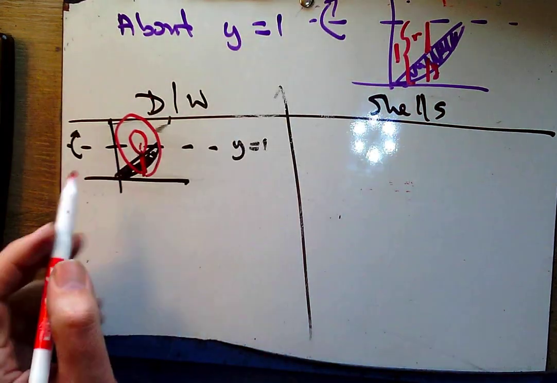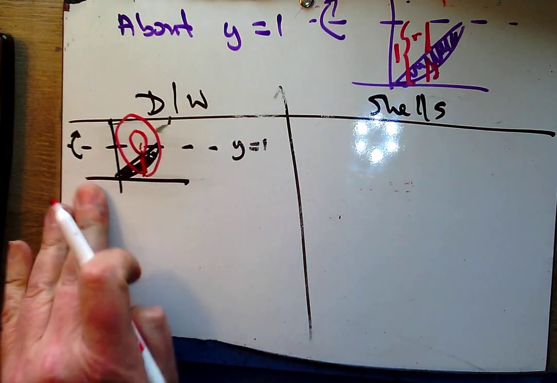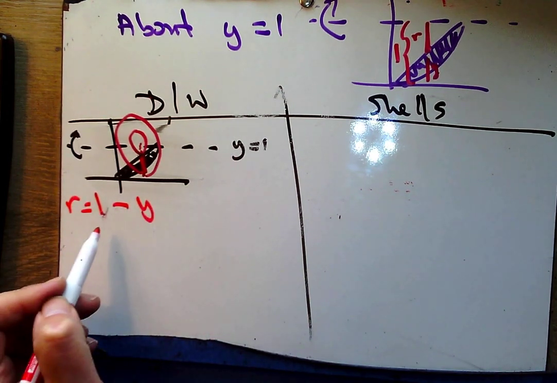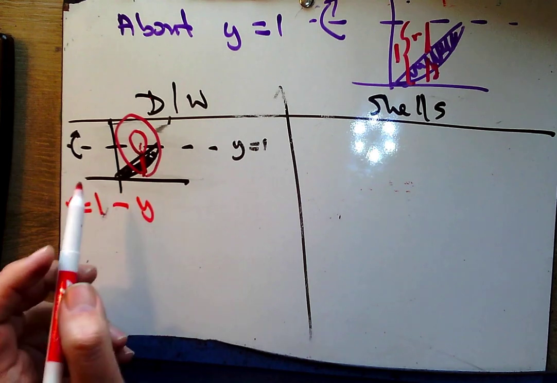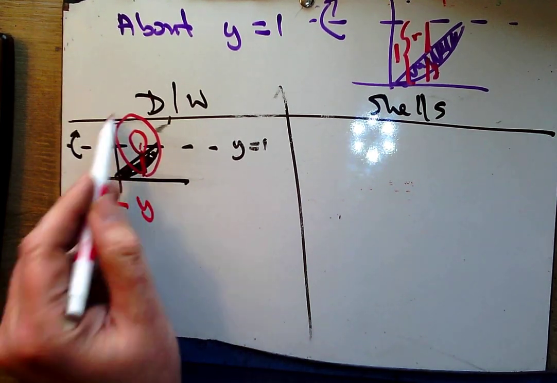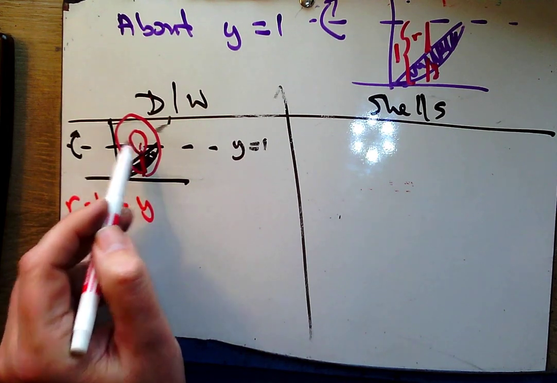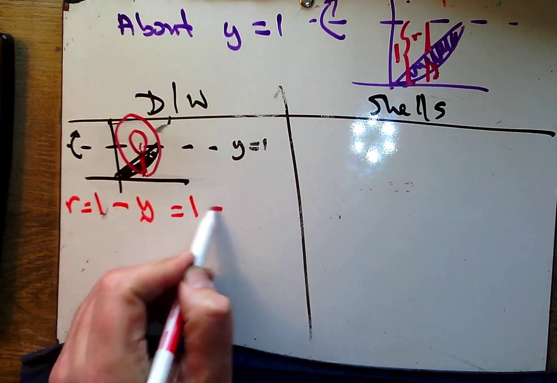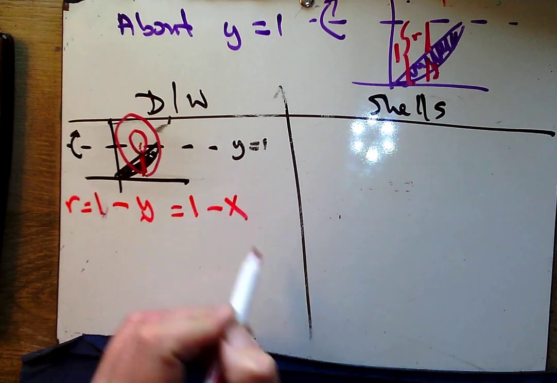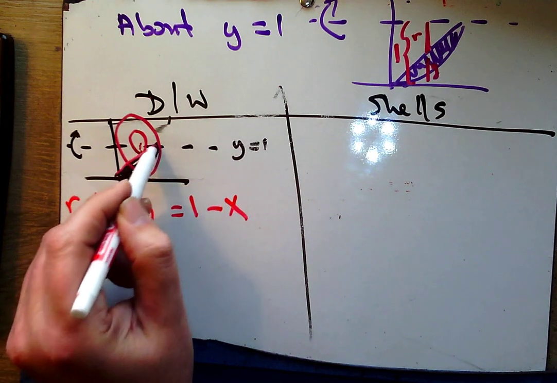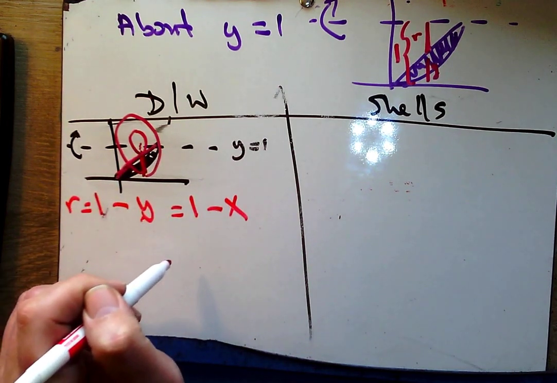So little r is 1 minus y. But we know that this is a dx washer. And because of that, I have to get rid of that y and put x in its place. By x instead of x squared, this line is y equals x here.